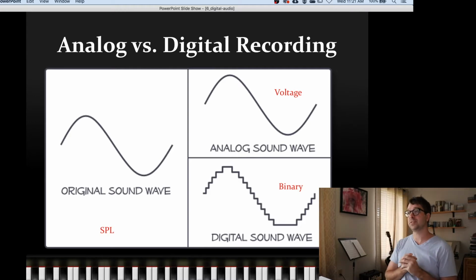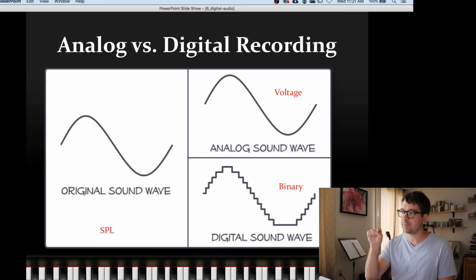So most of the time on your computer, whenever you're listening to music or working with audio, you're working with digital audio. So let's say I play some audio on my computer. Whenever it goes from my computer to the computer speakers or to my headphones or whatever I'm listening with, it actually changes from binary back into voltage.